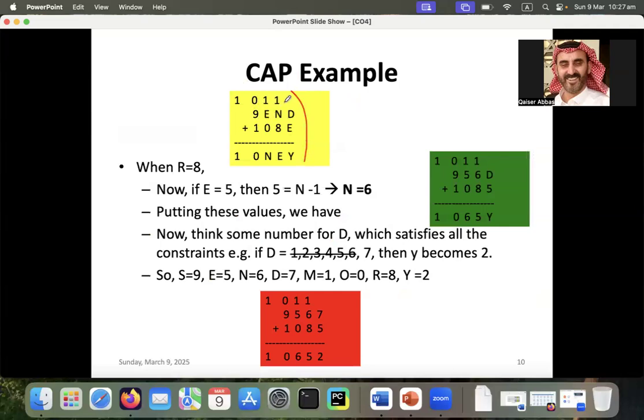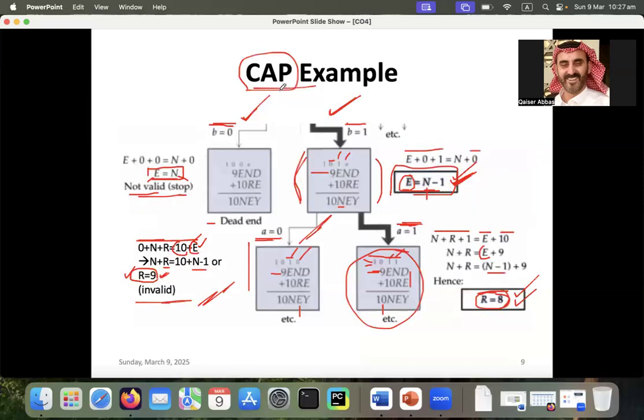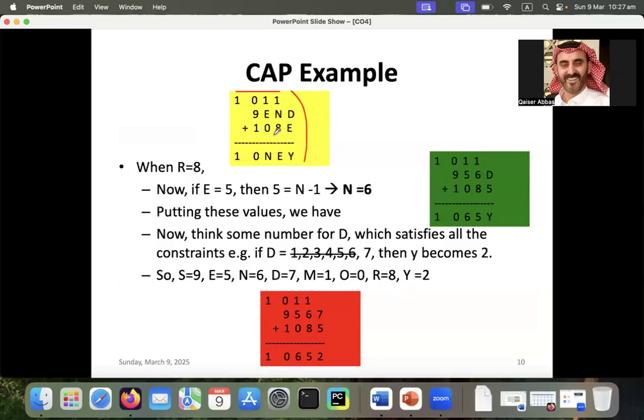So after putting the values, so these were the carries. So 1011, if you will see 1011, same thing. So we are now only going to replace the value of this R with 8 here, which you are seeing here, nothing else. Rest of the picture is same. So this is the value for the S, this is value for the M, this is value for the O.